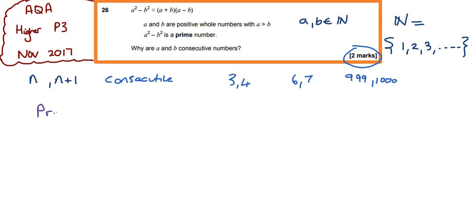So what does it mean to be a prime number? Well, it means the only factors are 1 and itself.